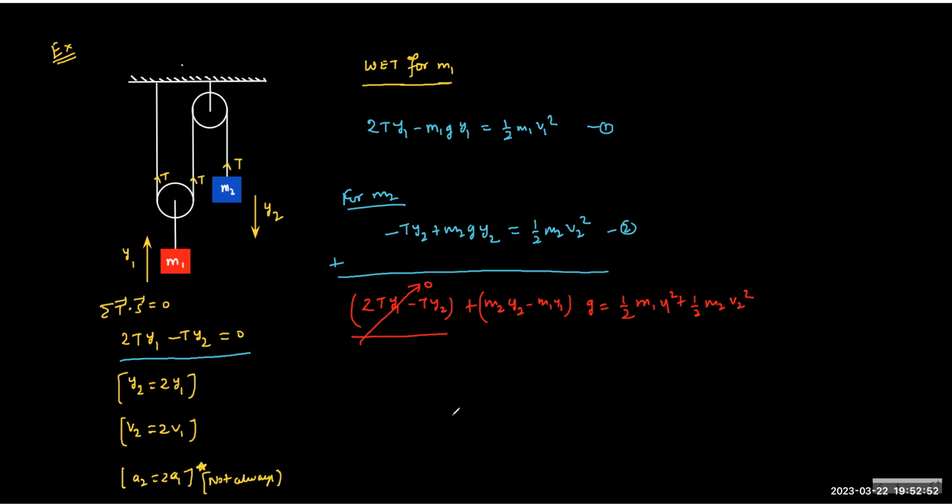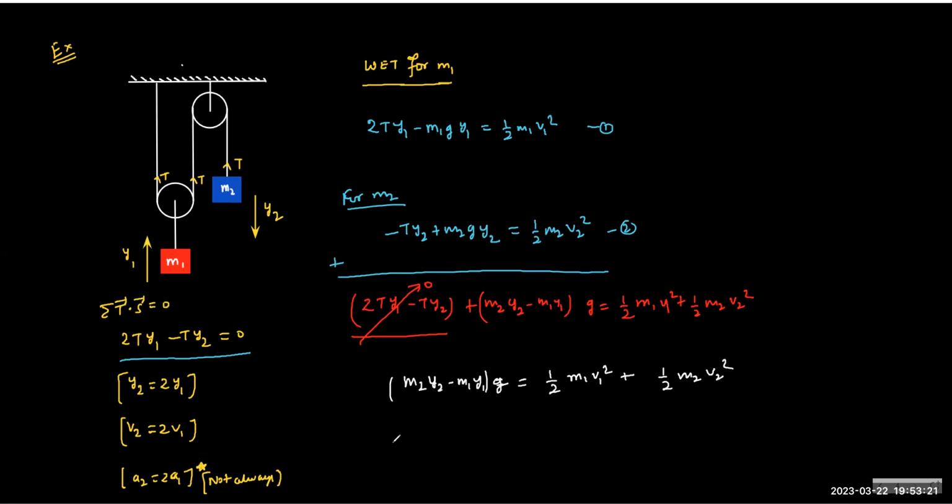Now to solve the question, we cannot solve with two-variable equations, so we have to convert everything into one variable. Either you convert into y1 and V1, or y2 and V2. So what we are left with is M2 y2 into g, half M1 and so on. Let me write it down once again.